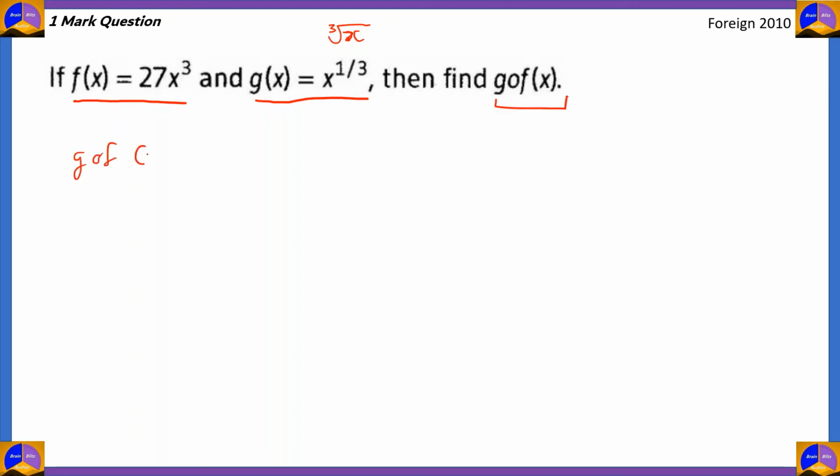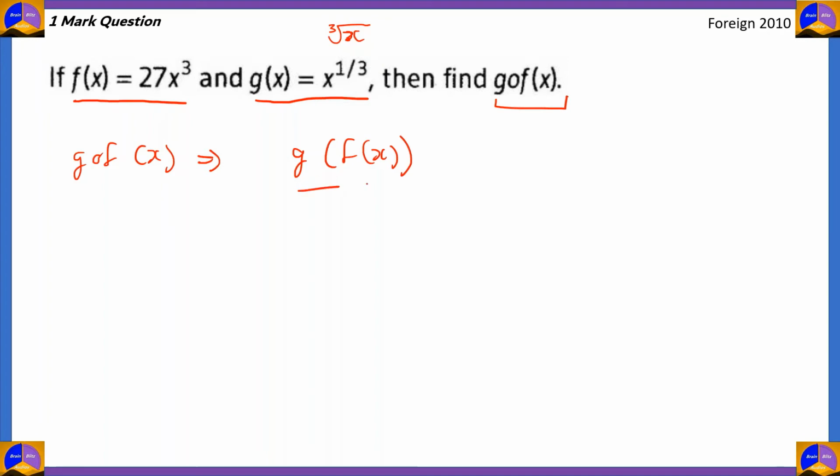So we have an element x, we perform a function f with respect to x, and then we get a value, and that value we use in another function that is g. So that is known as g of f of x.